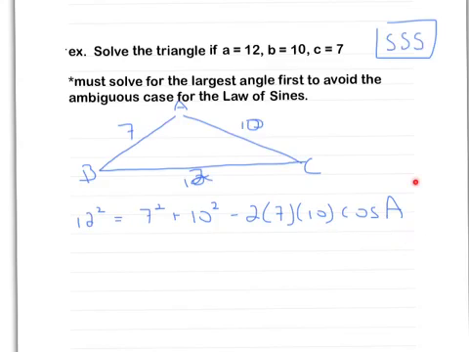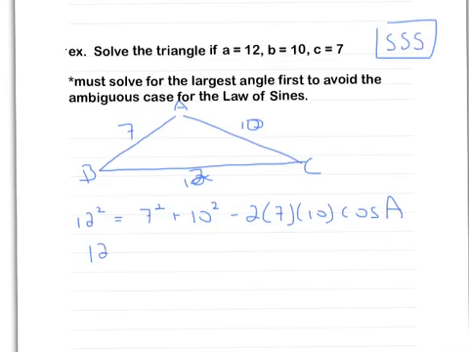My only unknown in this particular case is the cosine of A. I really don't know what angle A is, so I'm going to have to do a little simplifying, rearranging of this formula before I can find the cosine of A, and then I can put that into my calculator. Some people like to remember these formulas and just write down the formula, and I can write the rearranged formula as well.